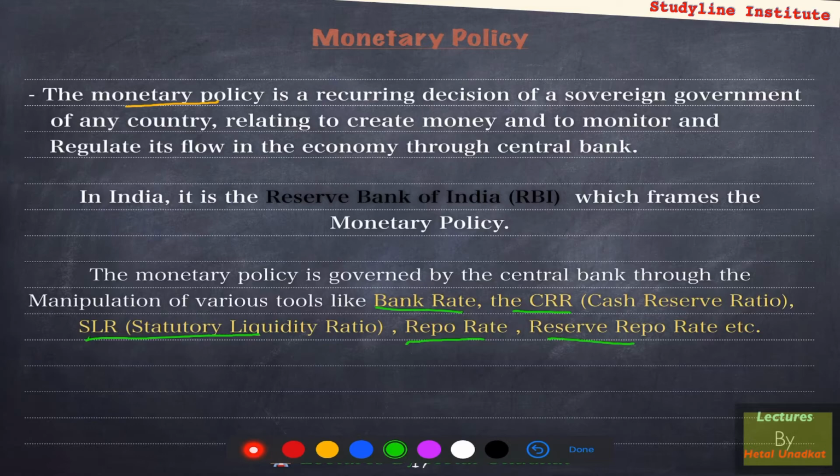So these are the concepts of monetary policy. So if you want to say what is monetary policy, monetary policy is recurred by the central government or central bank of a country. Why? To create money, to monitor money, and to regulate its flow in the economy.